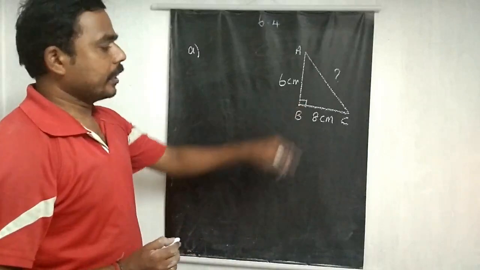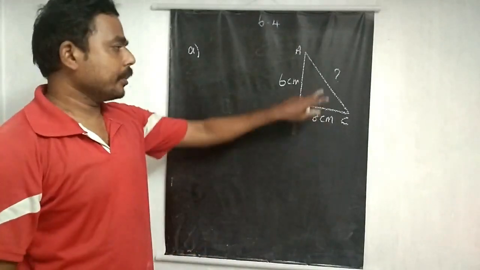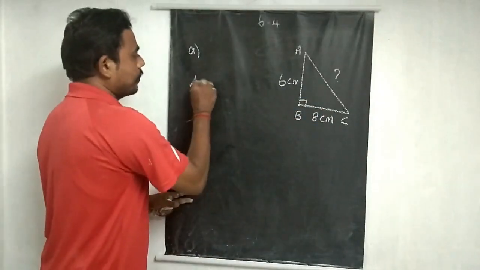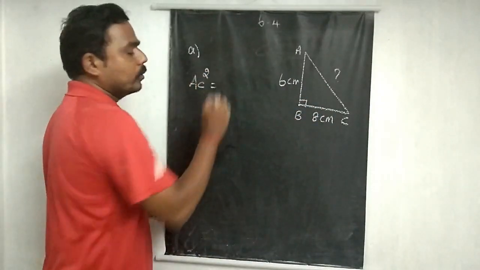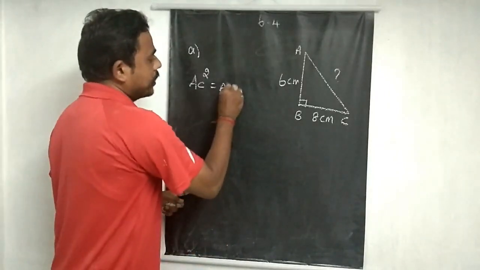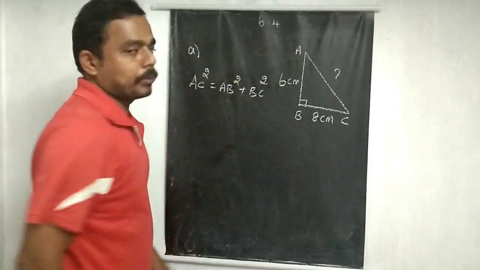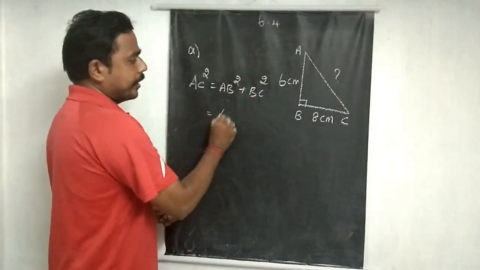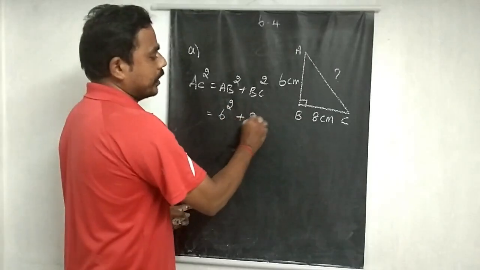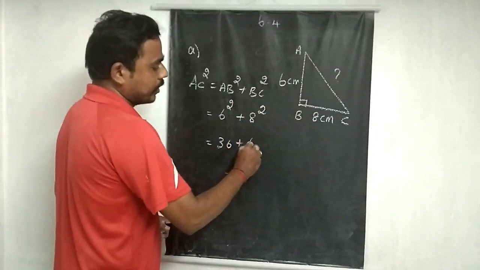Already you know the right angle triangle formula. In a right angle triangle, the square of the hypotenuse, that is AC squared, equals the sum of the squares of the other two sides. That is AB squared plus BC squared. Substitute: AB squared, that is 6 squared, plus BC squared, that is 8 squared. 6 squared is 36, 8 squared is 64.